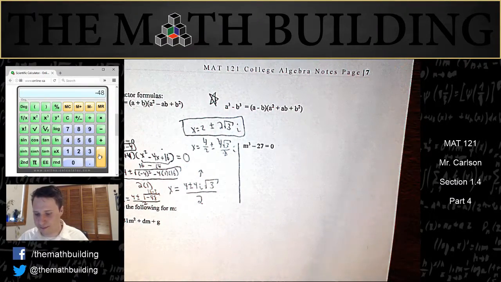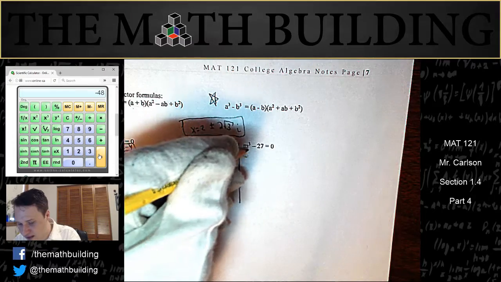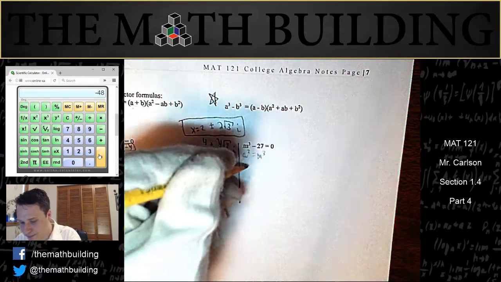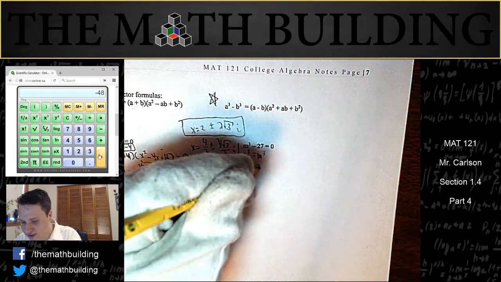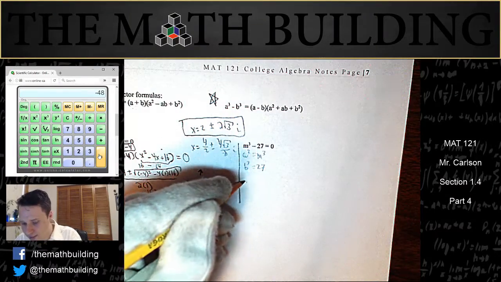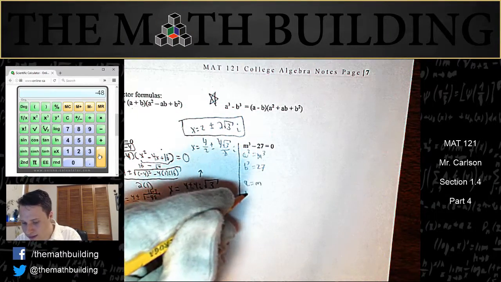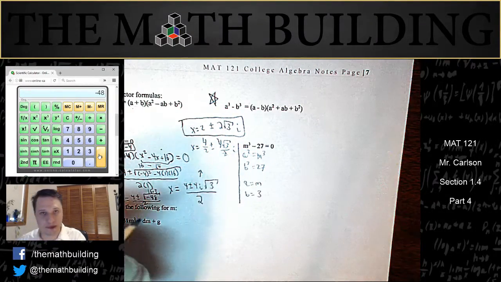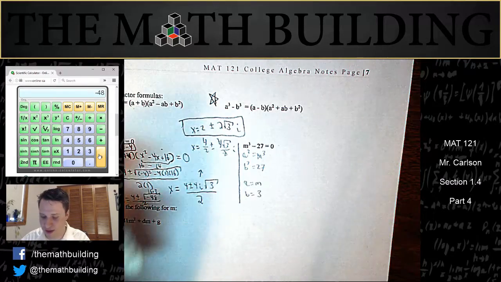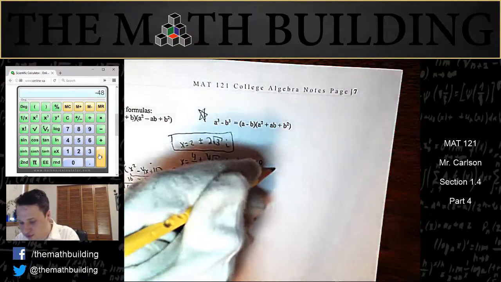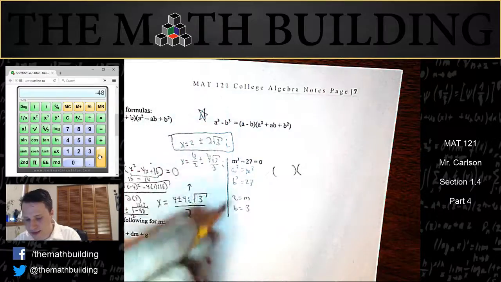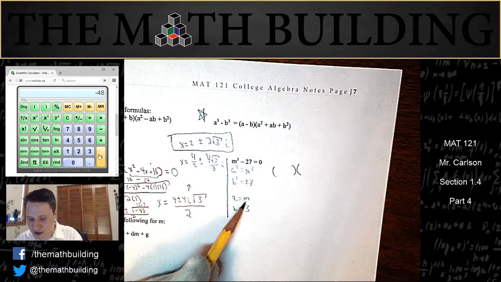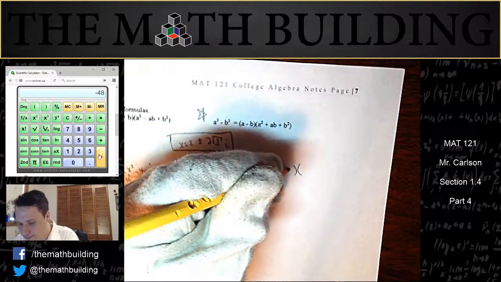So let's see. In this case, I have a cubed is m cubed, and b cubed is 27. So that means that a is going to equal m, b will equal 3, because 3 times 3 times 3 is 27. So let's construct it. a minus b is going to be m minus 3.